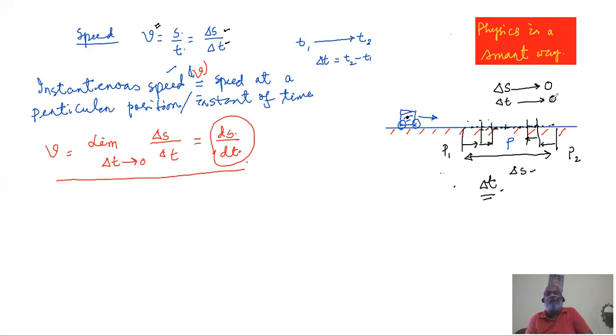Delta T also will be very small, that approaches zero. So when delta S approaches zero, at that time, delta S is branded as ds and delta T is branded as dt. A very small distance, infinitely small distance in the neighborhood of point P, and consequently very small time to cover it.